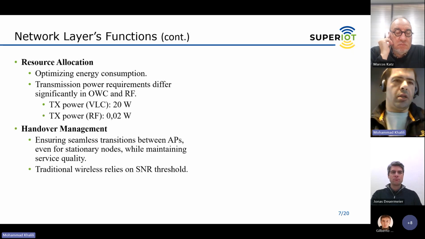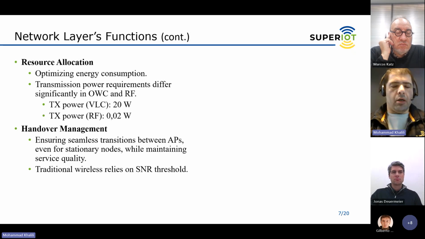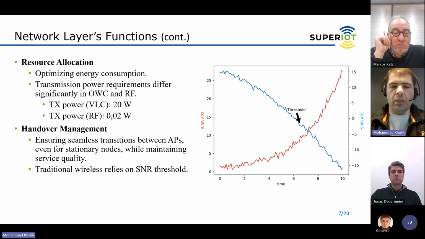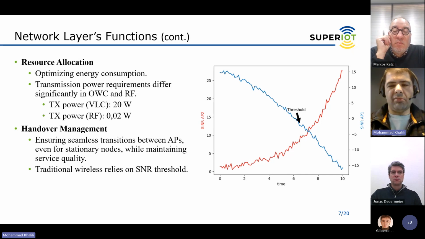Another network layer function is handover management, where a node changes its demands or moves, and it should communicate with different access points that are available in that environment. Traditional wireless networks usually use SINR or SNR.